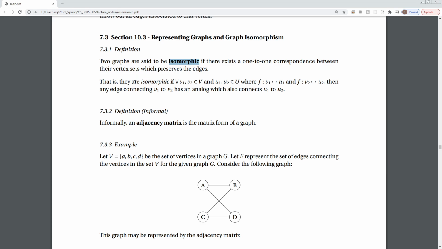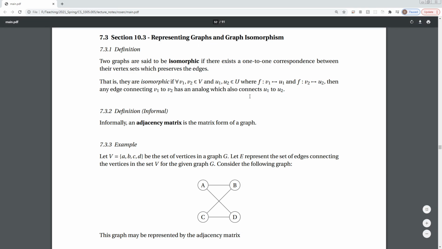Okay. So we'd say that they are isomorphic if for every pair of vertices V1 and V2 in our original vertex set V, and vertices U1 and U2 in our modified vertex set U, where F maps V1 to U1, so we've changed from city name to city ID, and that same function maps V2 to U2, so it's a second city ID, and any edge connecting V1 to V2 has an analog which also connects U1 to U2.